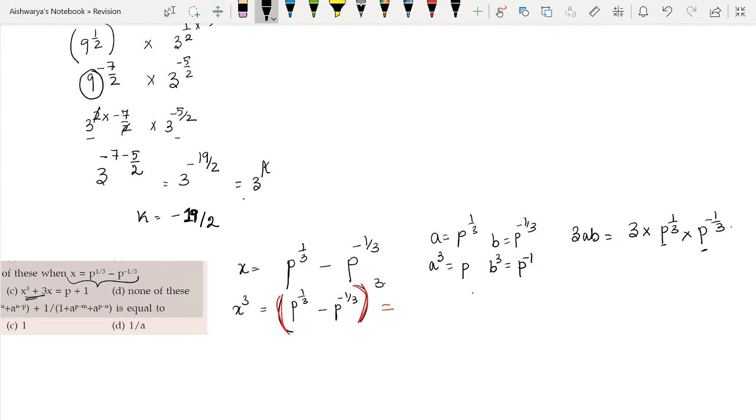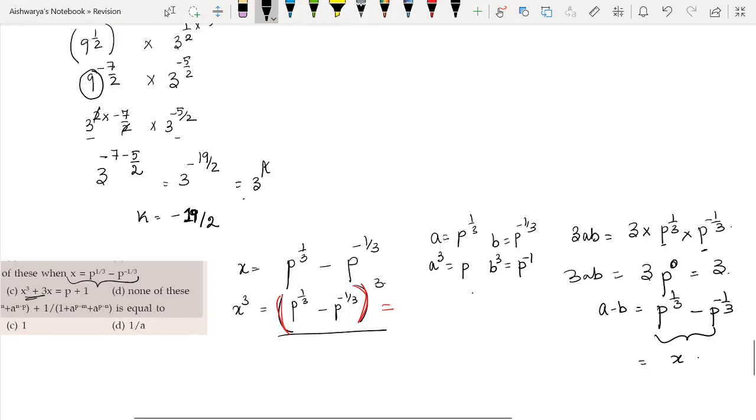So here the base is same, power can be added. Power when you add it will become 0. So 3 into p power 0. So answer is only 3. 3ab is only equal to 3. Now what is a minus b equal to? A minus b is p power 1 by 3 minus p power minus 1 by 3, which is same as x.